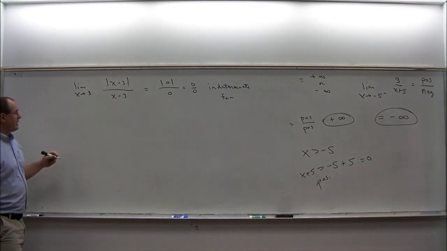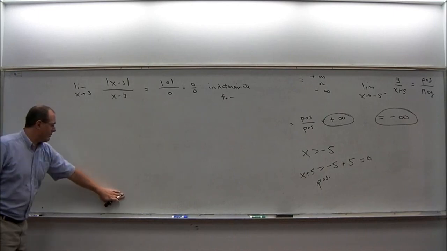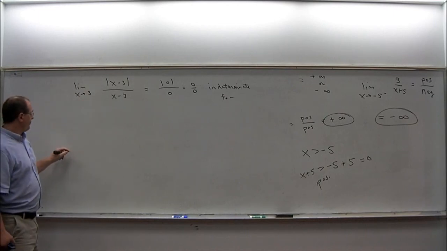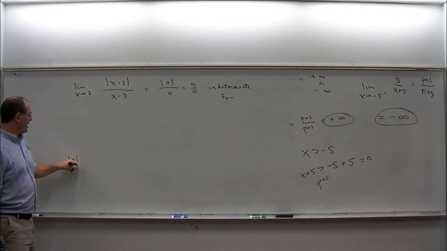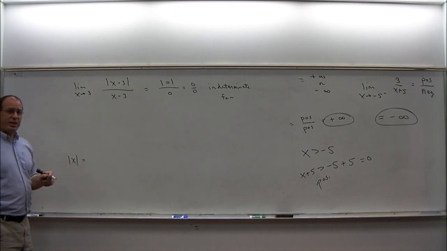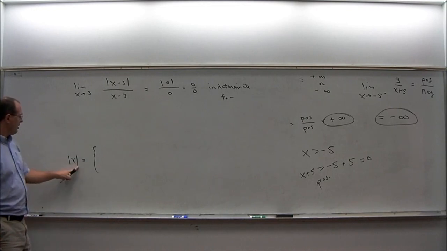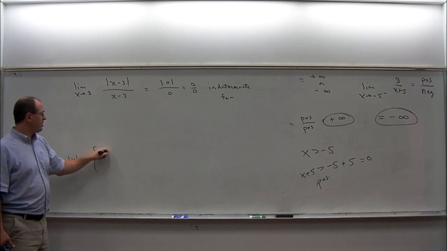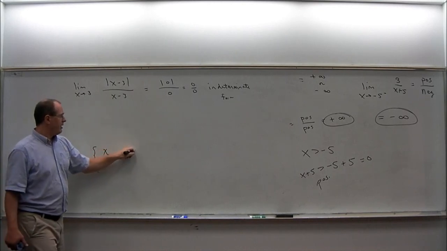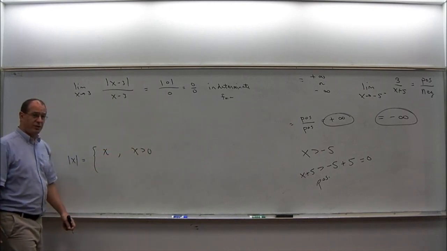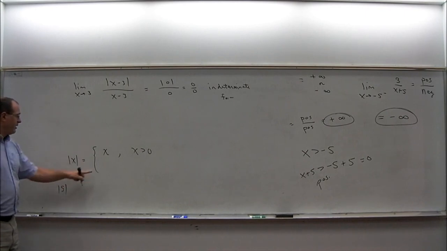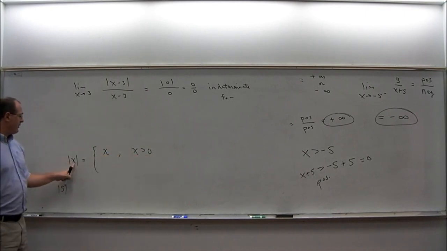And here the one-sided limits are necessary because of the absolute value. The absolute value of a number is just that number itself if that number is positive. So, for example, the absolute value of 5 is positive, so the absolute value of 5 is equal to 5.